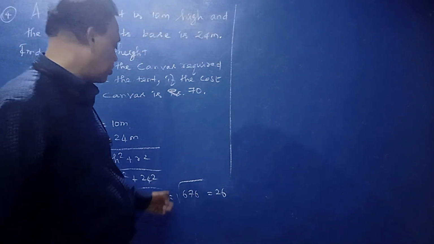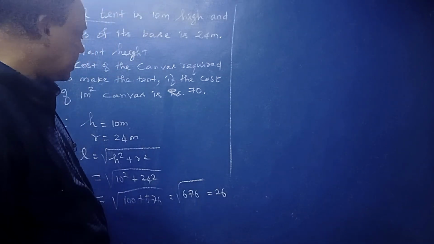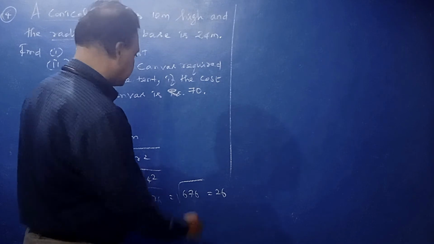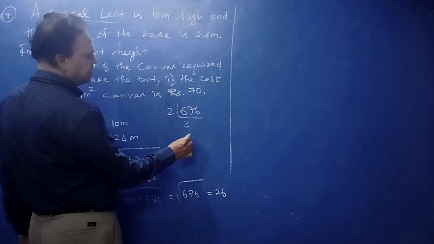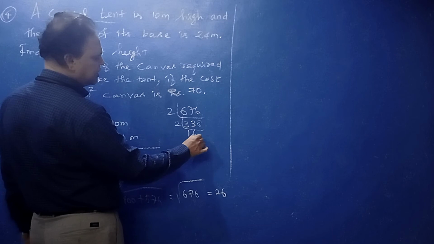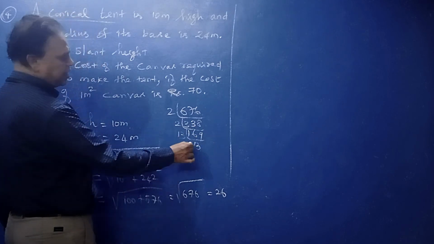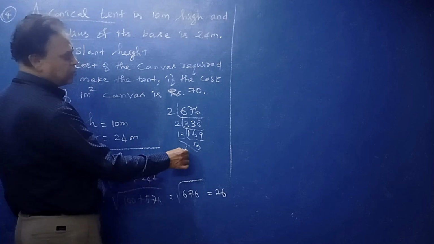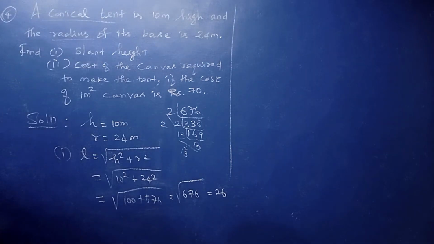In the square root, for every two equal factors you take one factor and multiply, and you will get the correct answer. So the square root of 676 is 26.